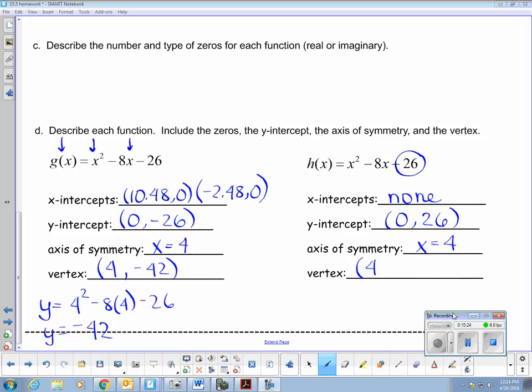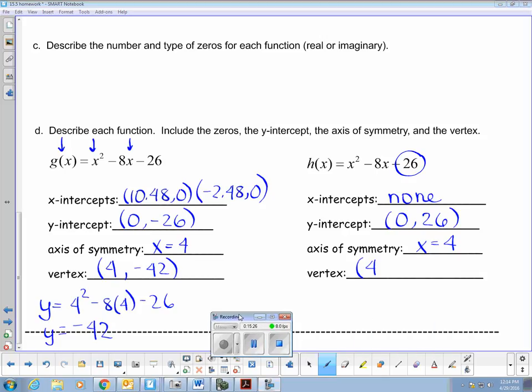And so since my vertex is on the axis of symmetry, my x value has to be 4. And I'm going to plug that in here and substitute here to find my y value when x is equal to 4.